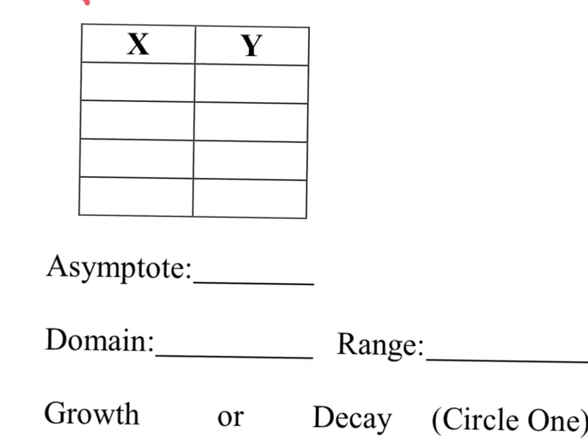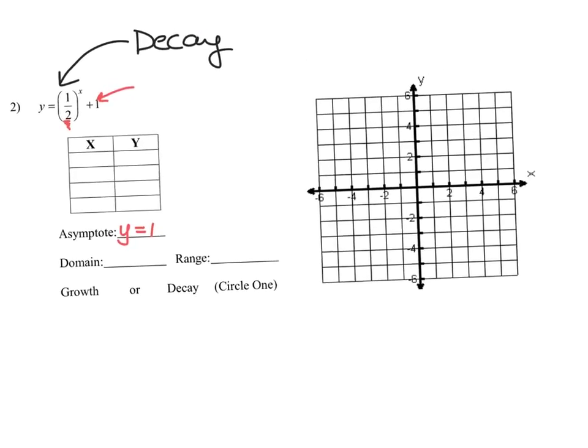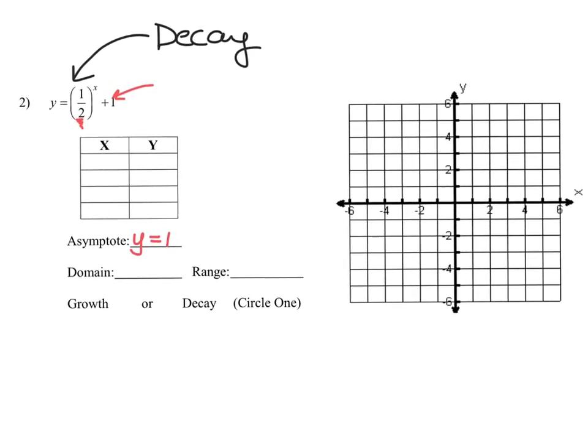Yesterday I put notes on your sheet that talked about when it's a horizontal asymptote versus a vertical asymptote. Vertical is for logs, horizontal is for exponential, and so our asymptote equation is at y equals 1, which means at positive 1, I'm going to have a nice horizontal asymptote.